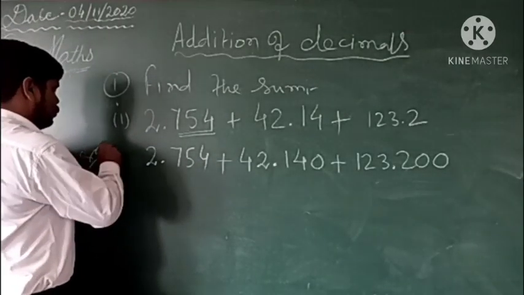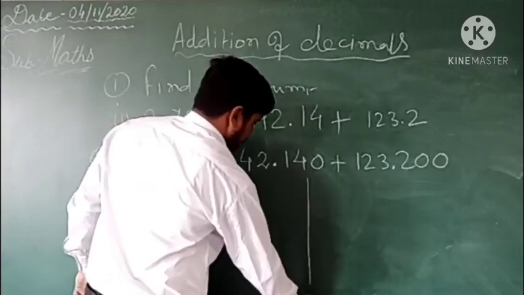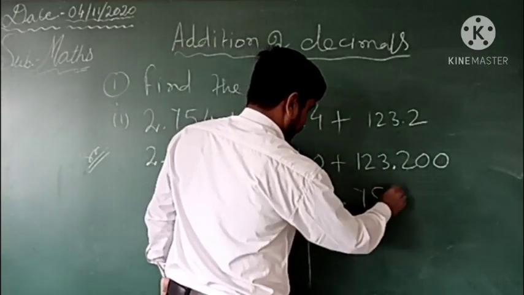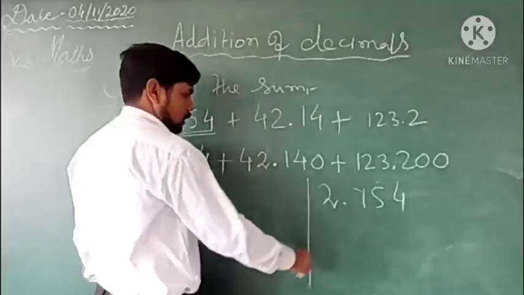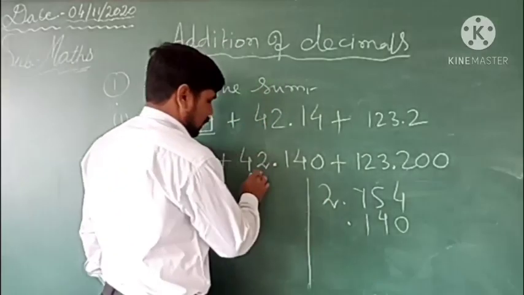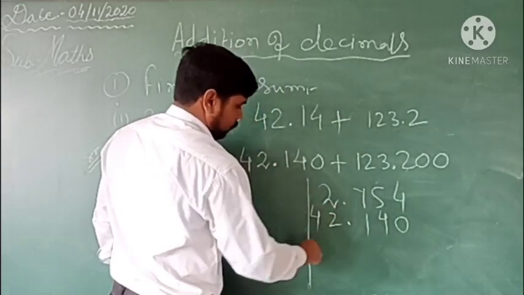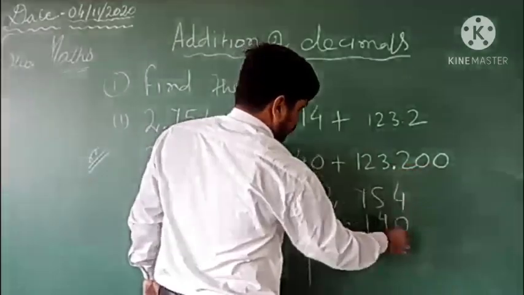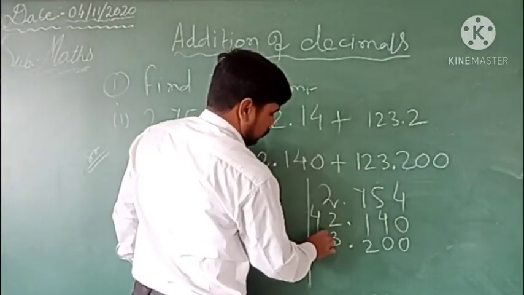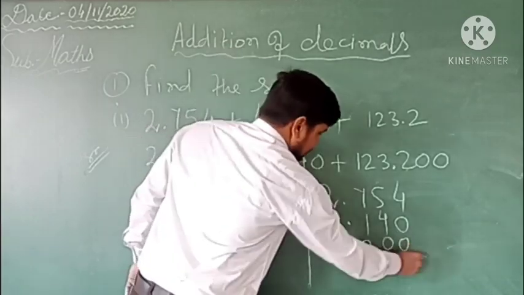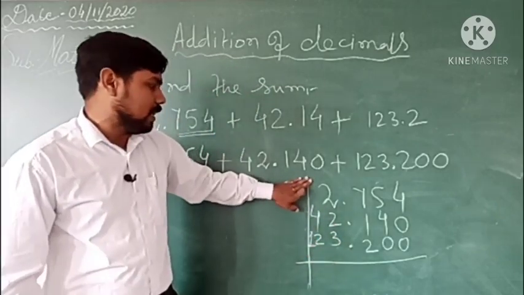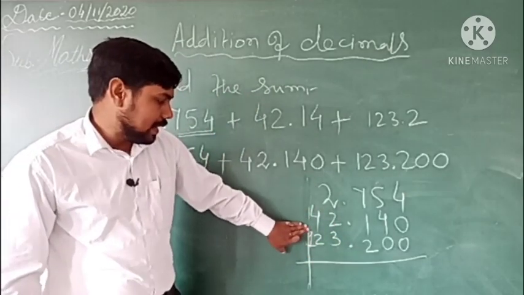So here let us add. So 002.754, then 042.140, then 123.200 written in a column. This is the most important thing you need to keep in mind, that all the decimals should be in a line or in a particular place, right?